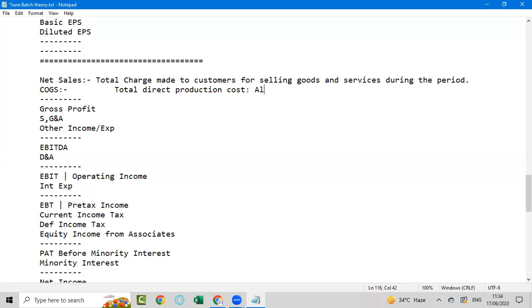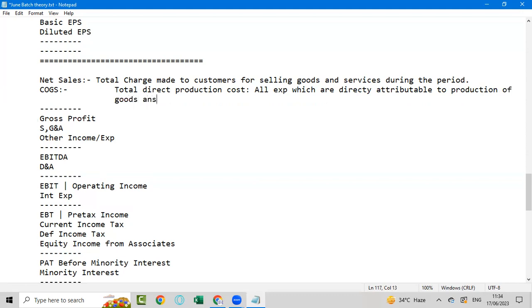You can also write all expenses which are directly attributable to production of goods. There is a specific statement that we prepare, that is the cost sheet, and that cost sheet is actually used to find the cost of goods sold. I'll teach you that part also. Maybe tomorrow I will teach that.